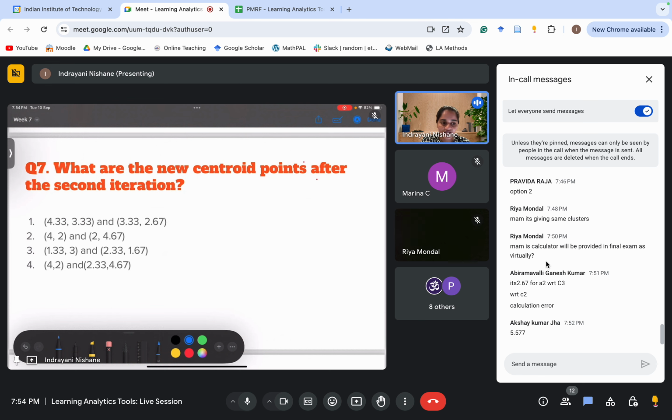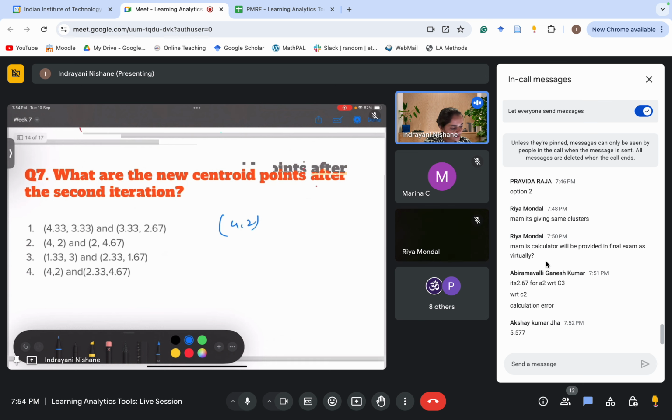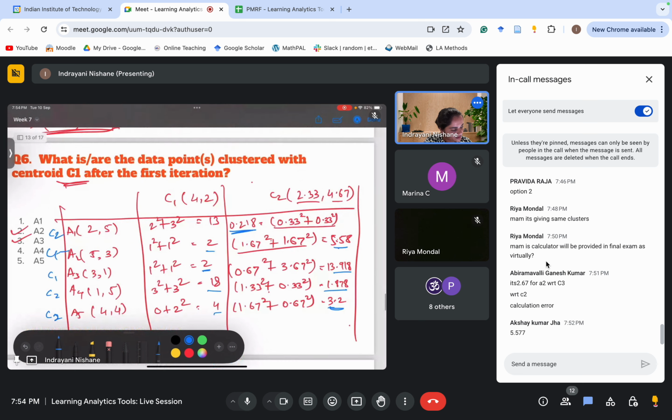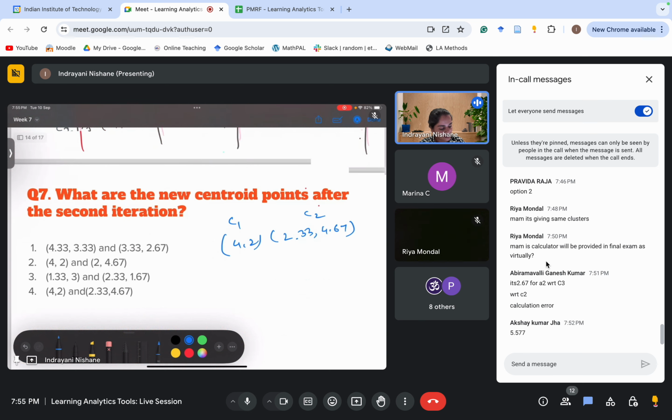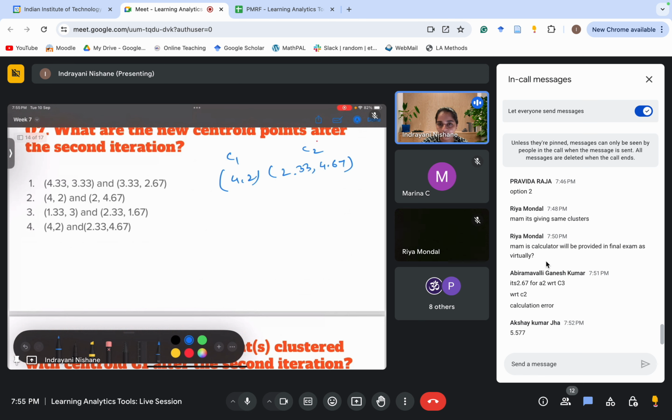Whatever we had gotten previously, that was 4, 2, and what was the other coordinate? Yeah, 2.33, 4.67. This is C1 and this is C2. So it remains the same. We are not doing the calculation because the point distribution is also the same, so their average is going to remain the same. So this is the answer after the second iteration also, which is I think option number 4.